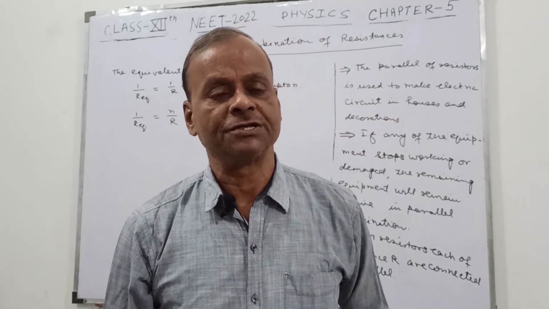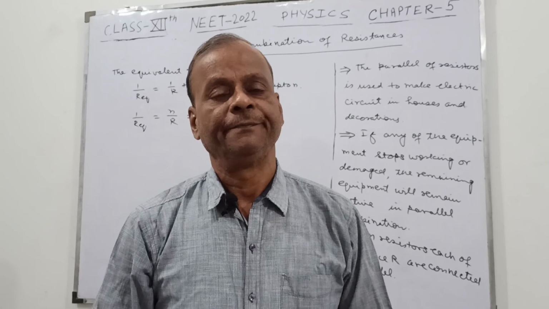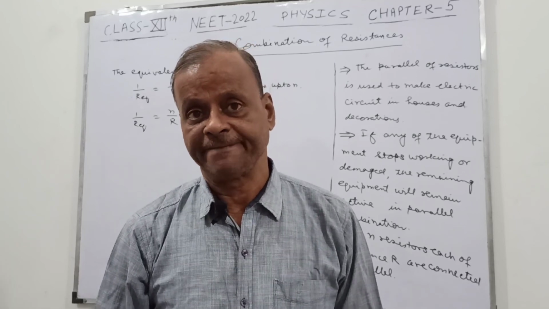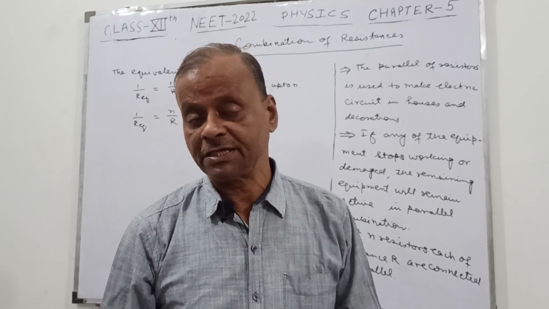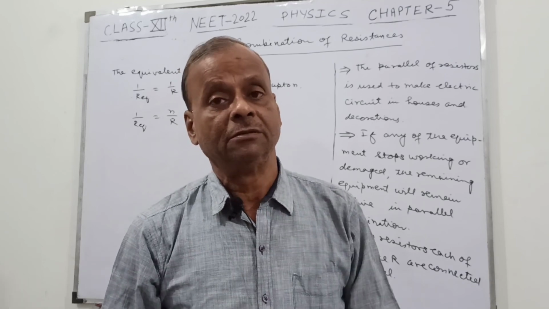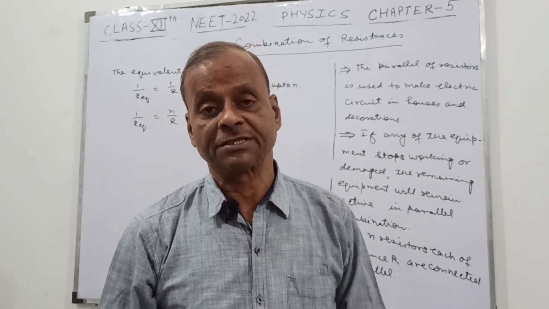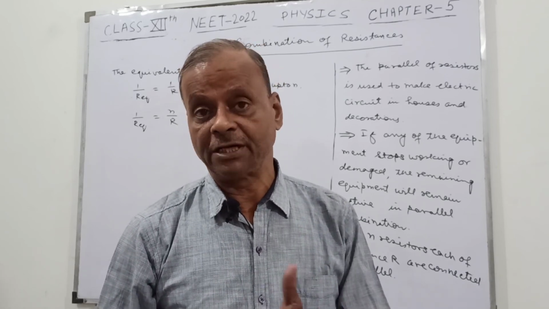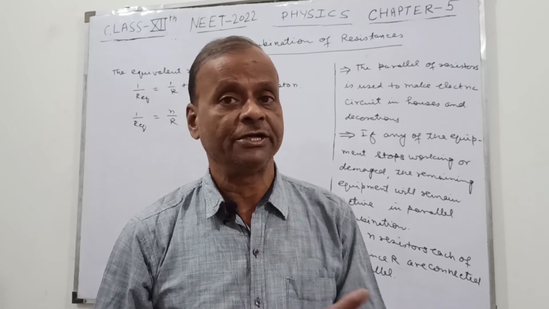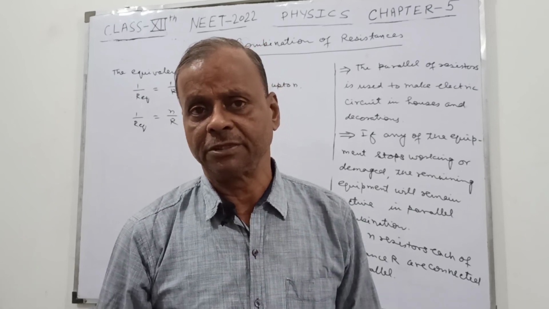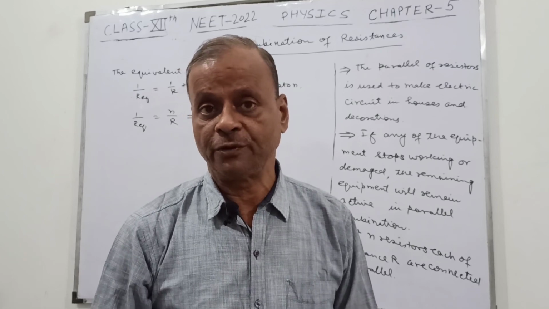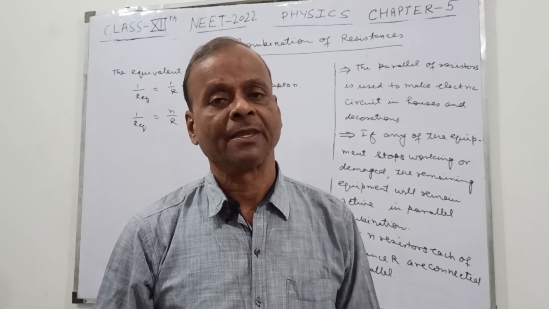This is about the series combination and the parallel combination of resistances. So what is asked in the exams? First we are asked the fundamental laws on which these combinations are used, and some given appliances like the post office box and the resistance box.